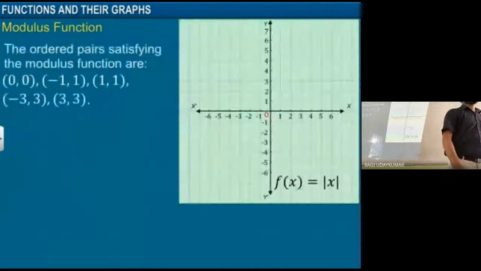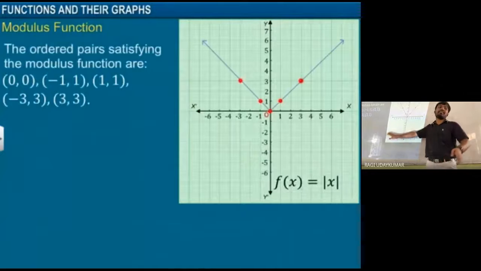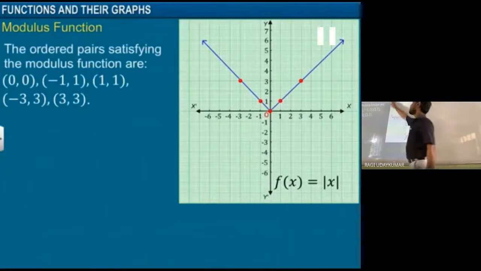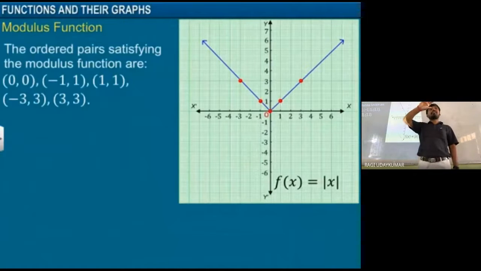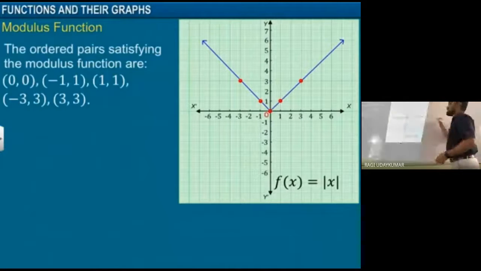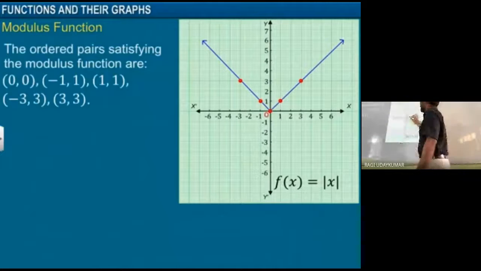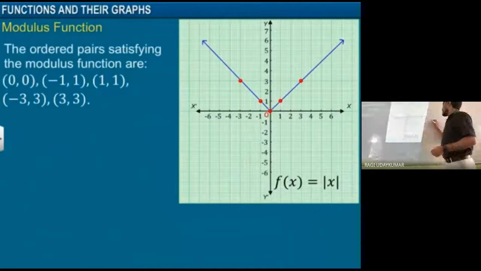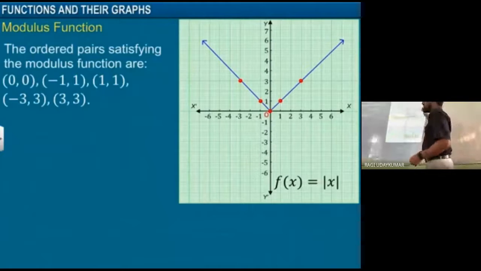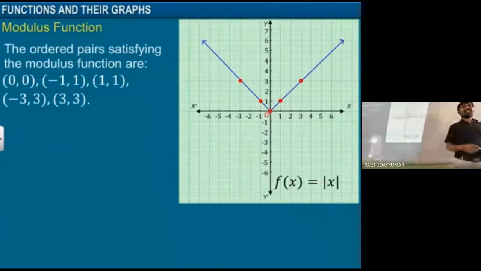So these are the ways it is defined, and the graph of the modulus function is like this, a V shape. You remember this. In the modulus function, if mod of x minus 1 is given, the graph will start at the place 1 and go like this. If modulus of x minus 2 is given, it starts from the place 2 like this. Understood?